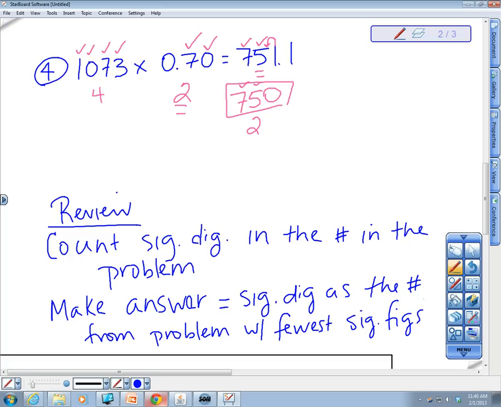The thing that students get most tripped up on here is actually not this rule. It's the rounding. So when you are rounding, please, please, please make sure that you are leaving the numbers in the right place value. Don't change your 700 to a 70. That is nowhere close.